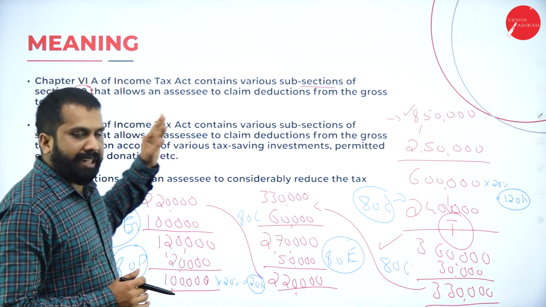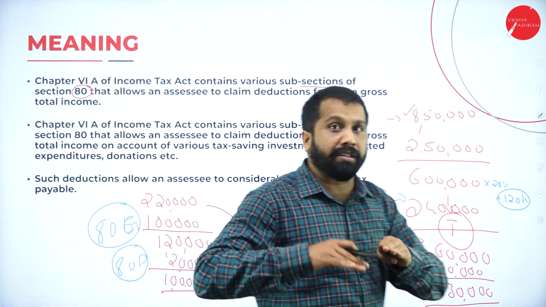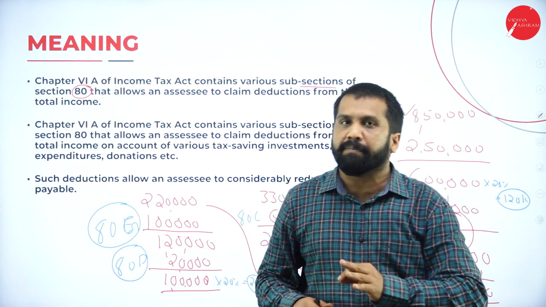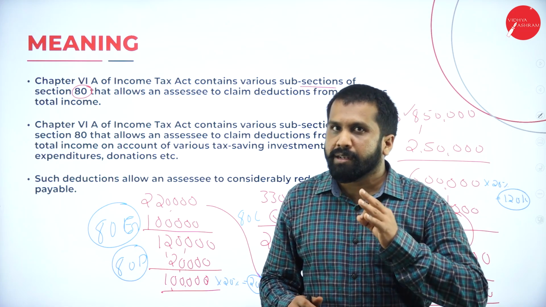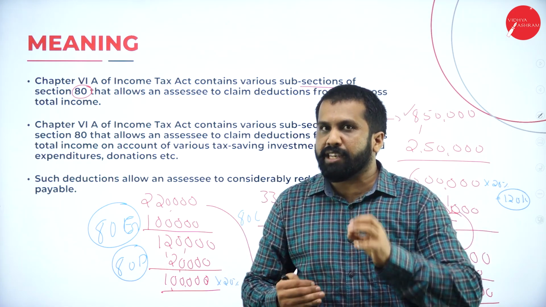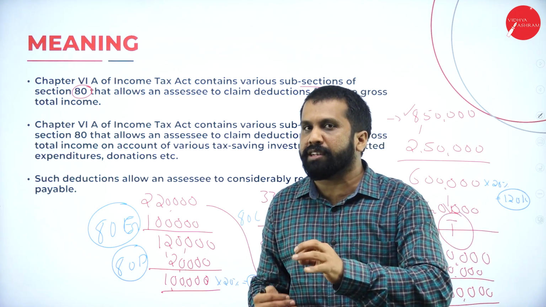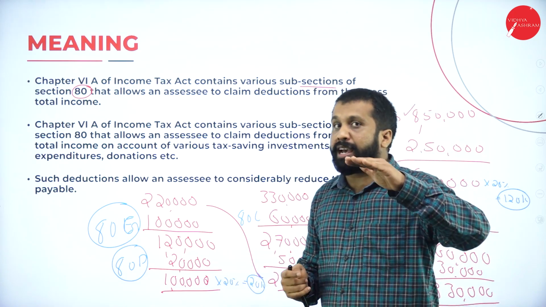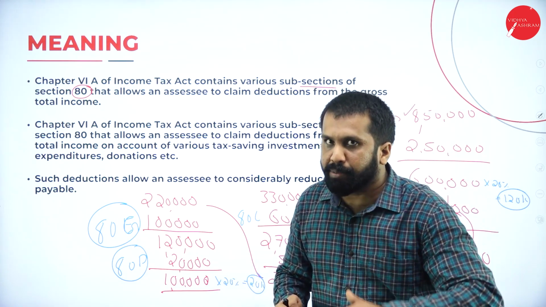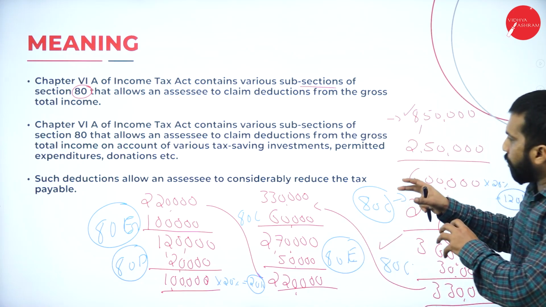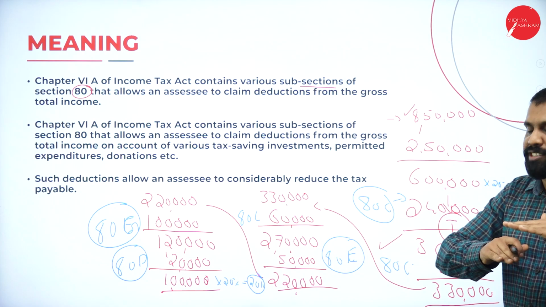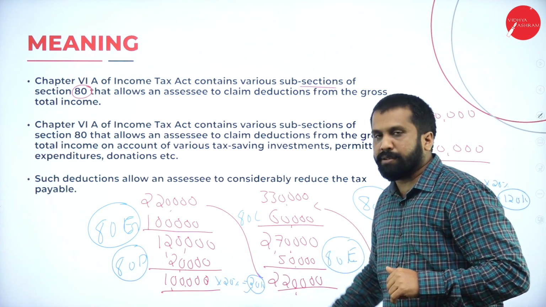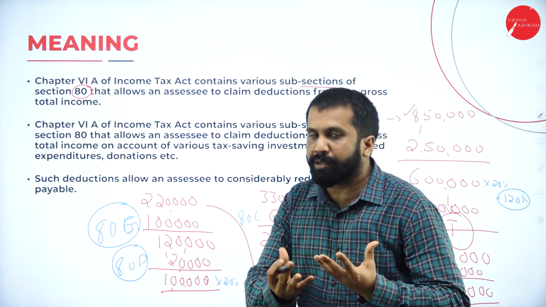Why do we need this deduction? To avoid your tax in a legal way. You are not doing any fraud, you are not cheating the government. In the proper way, if you have sound knowledge of income tax, you can avoid your tax burden. See, in the small example, from 1,22,000 we reduced it to just 20,000, because we have the knowledge.